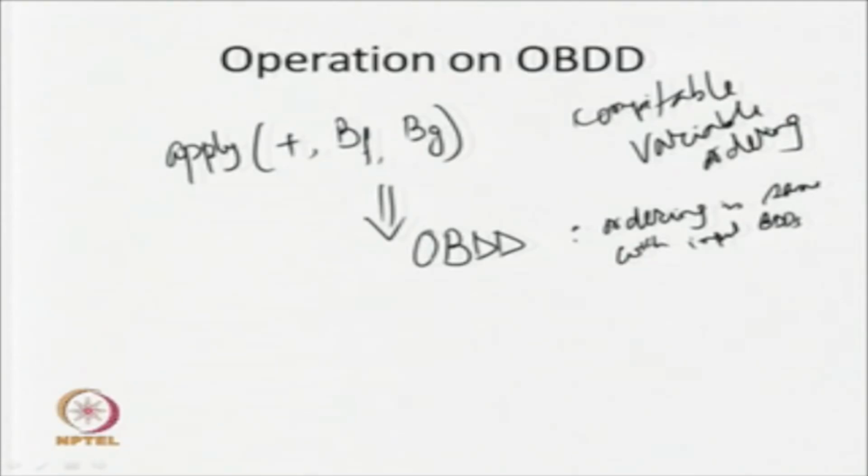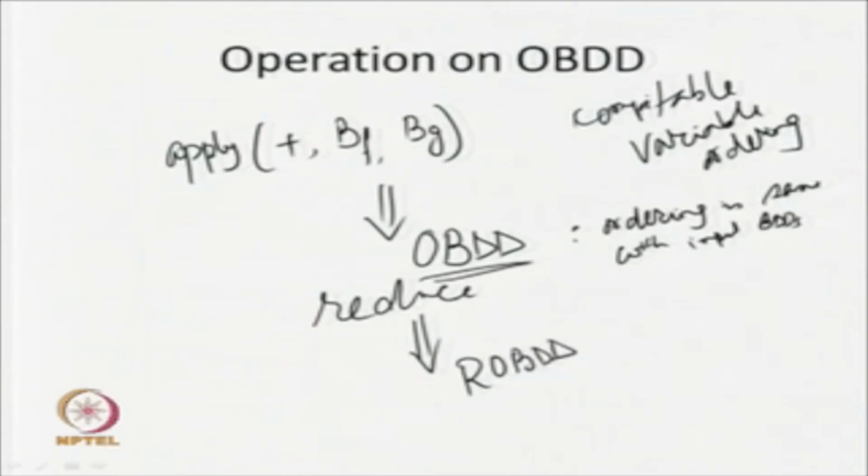But the ordered BDD that we get may not be a reduced one after performing this apply operation. So, to this resultant BDD, we use the reduce algorithm. In the last class, I think we discussed this reduce algorithm. After application of the reduce algorithm, whatever BDD we get will be an ROBDD, reduced ordered binary decision diagram.